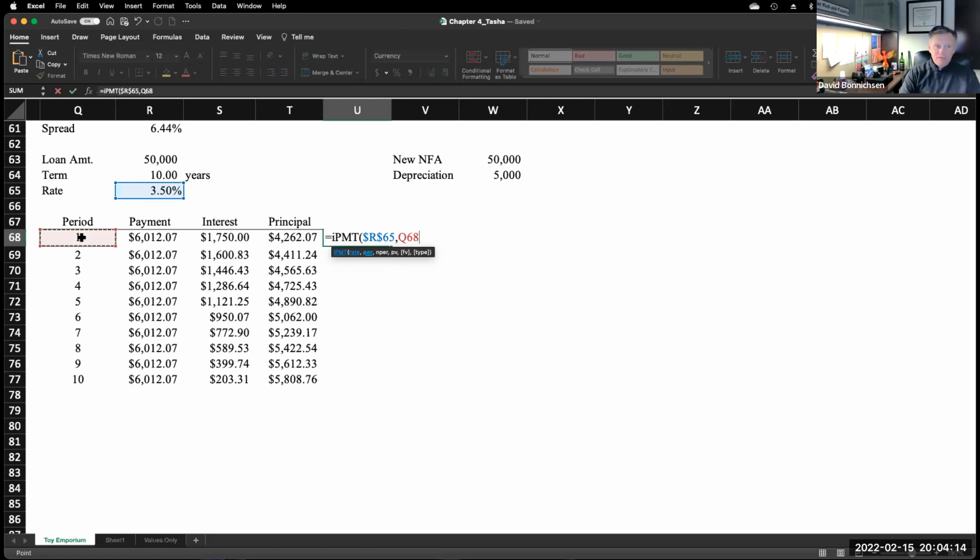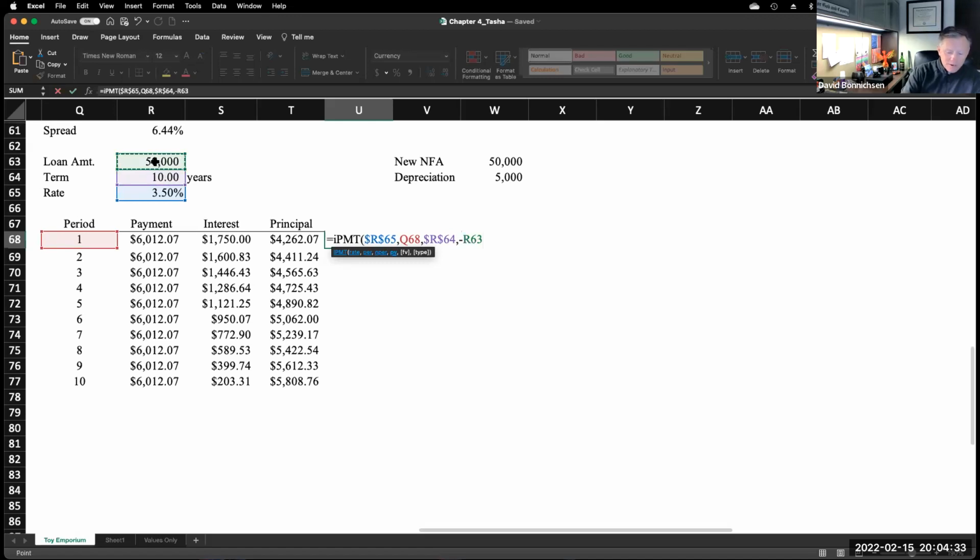I'm not going to fix this cell for a reason that you'll see in just a second. Number of periods. How many total periods? Well, it's 10 years, right? But I'm going to fix it. What's my present value? Same thing, but I'm going to fix it. Now, why did I not fix the period?